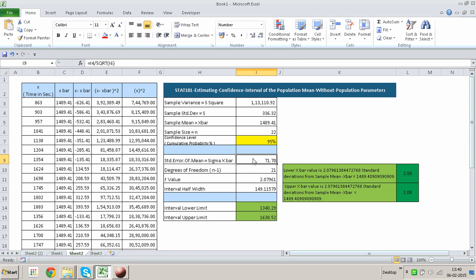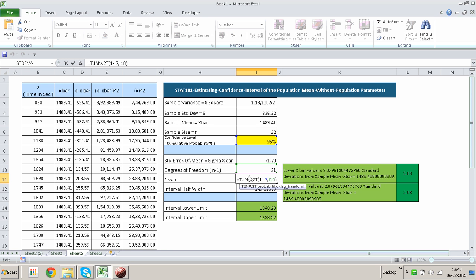So the standard error we've gone ahead and calculated. Sigma bar, the degrees of freedom I have already explained, that's n minus 1. Now the t value. Now this is something which is slightly different from the z scale. So from the z value, it is slightly different in the sense that the t distribution has more variance in it.